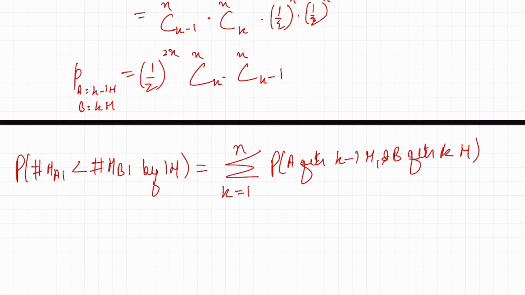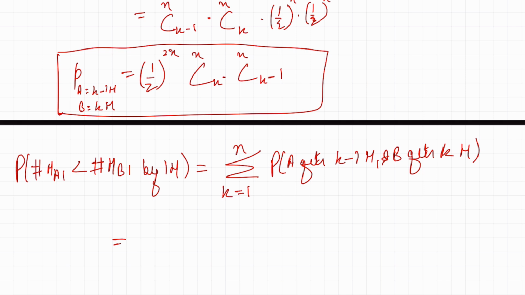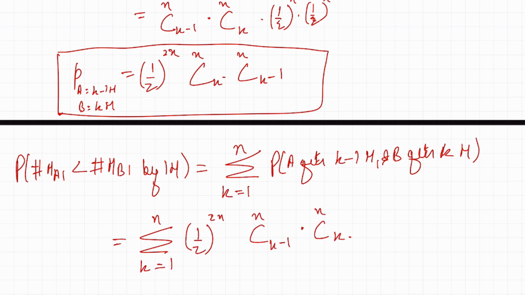Okay, so this is going to be equal to what? We just computed it right here. We're going to use this. So this becomes the sum from 1 to n of half to the power 2n times n choose k minus 1 times n choose k.